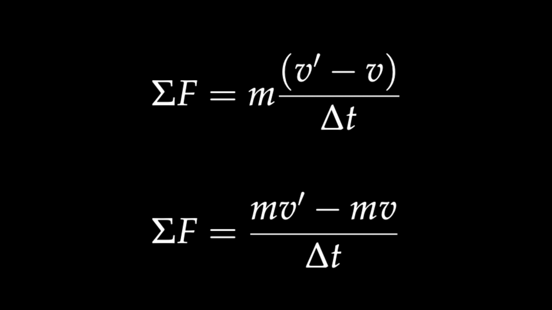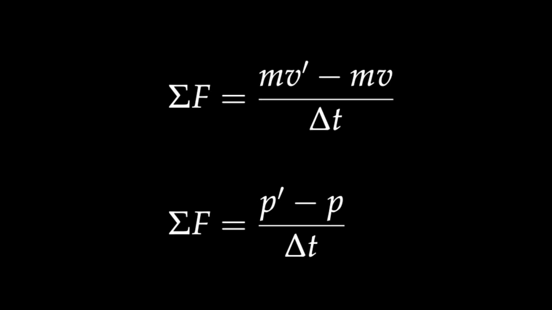So that change in velocity, v prime minus v, is in parentheses there. It's a quantity. What I'm going to do, something a little bit strange, is simply distribute the m through that quantity in the numerator. So each one of the terms gets multiplied by m, and I end up with mv prime minus mv.